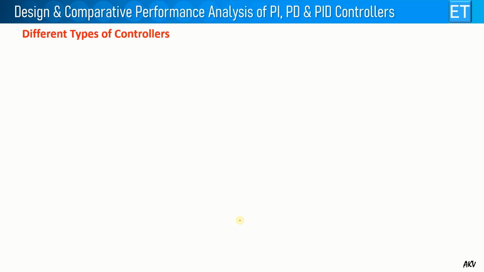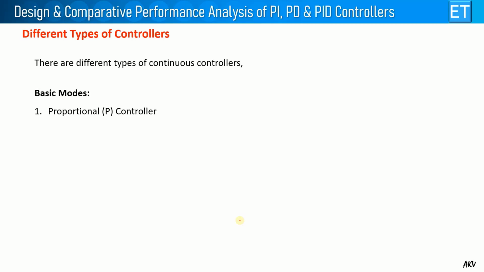So now let us go to the different types of controllers. Actually, here I am taking only analog continuous time controllers. We have a few basic controllers such as the proportional controller, then the integral controller, and then the derivative controller.